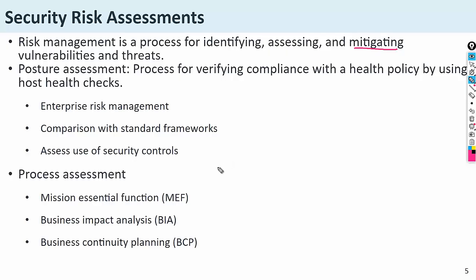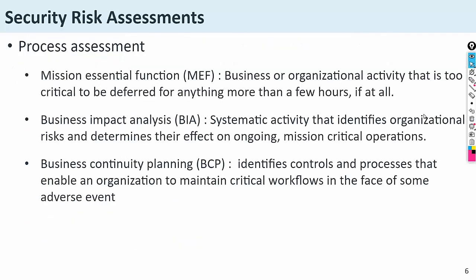The ultimate processes used are known as process assessment, meaning whatever process you are using. Process assessment has three main things: mission essential function, business impact analysis, and business continuity plan.